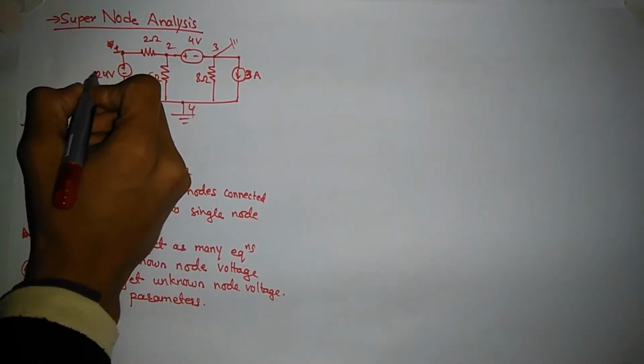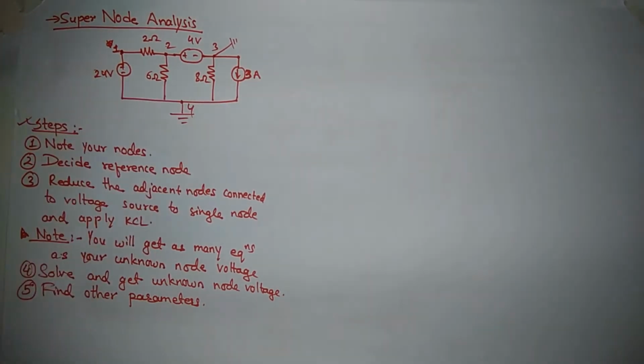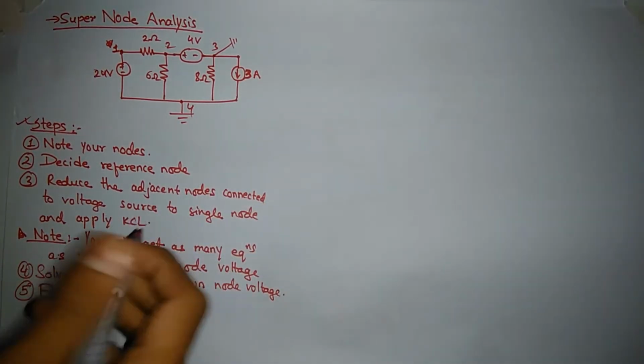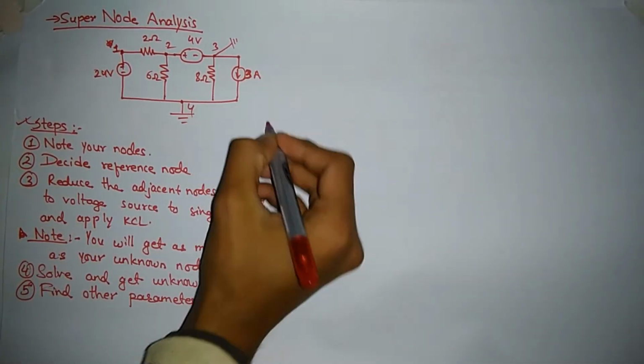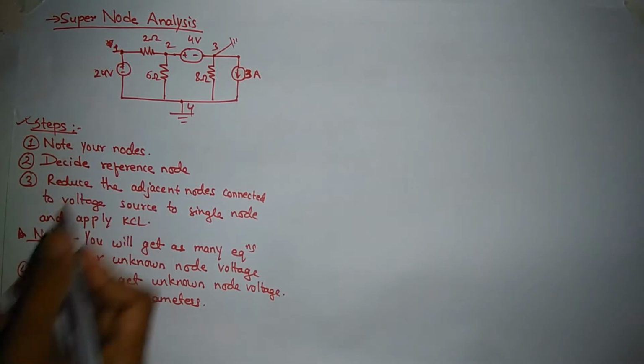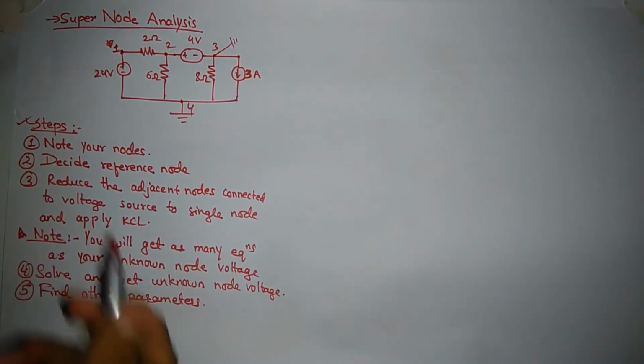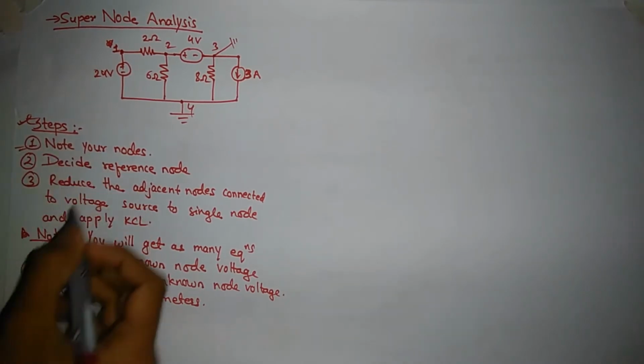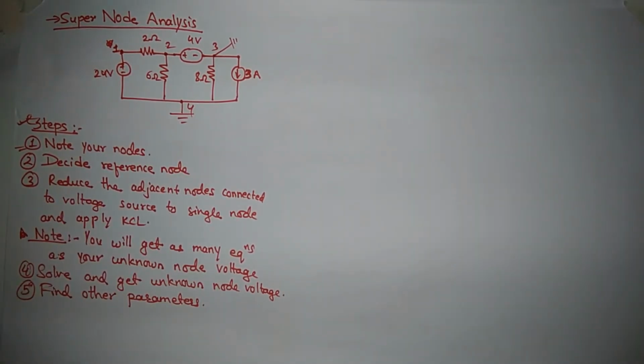That is, I will have a voltage source between two nodes with unknown voltages. So it is the typical example of a supernode, and we will analyze it with these steps.